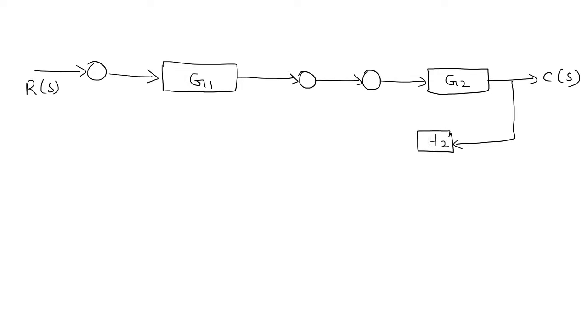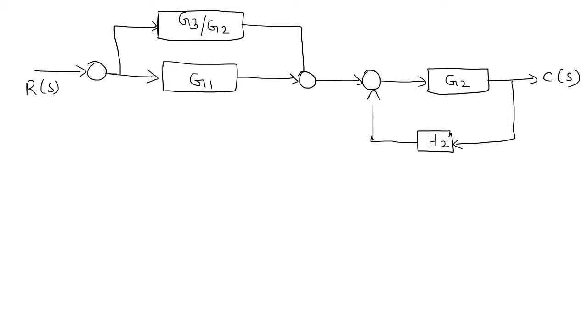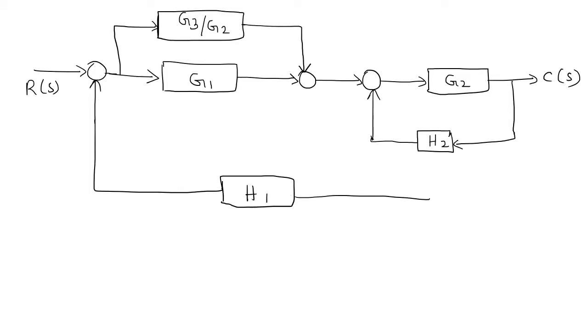We have H2, which is given here, and we have a block G3/G2, and we are connecting this here. We have one more feedback, H1, which is from takeoff point 5. This we are going to retain as it is.